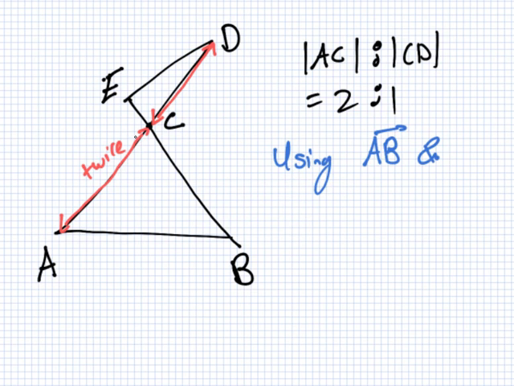Sometimes one is the bigger, sometimes one is the smaller. AC is 2 CDs. CD is 1, AC is 2. Using CD is 3.